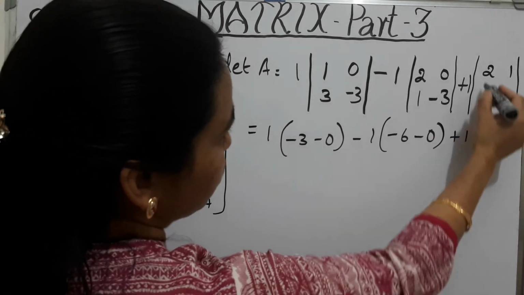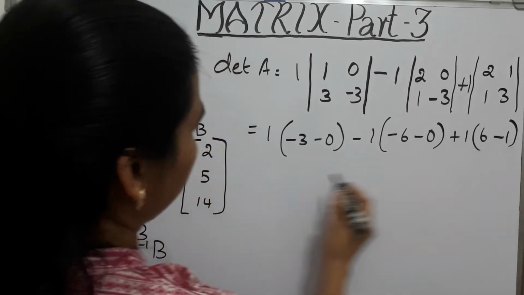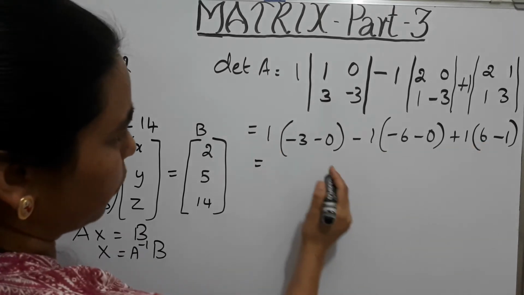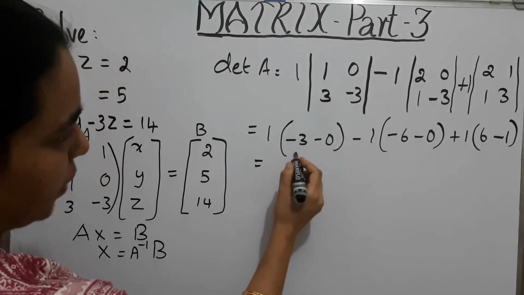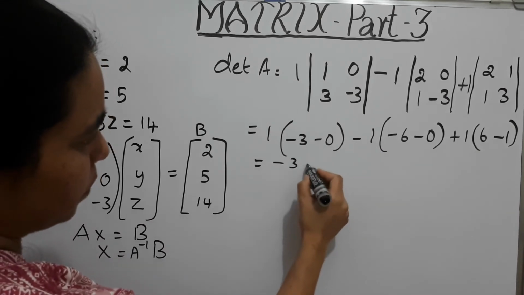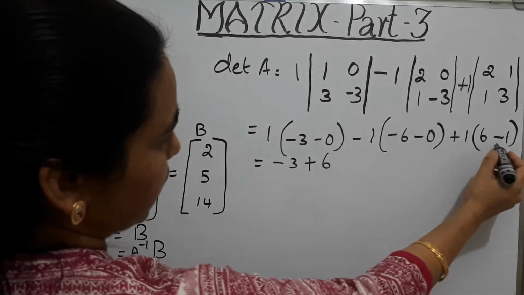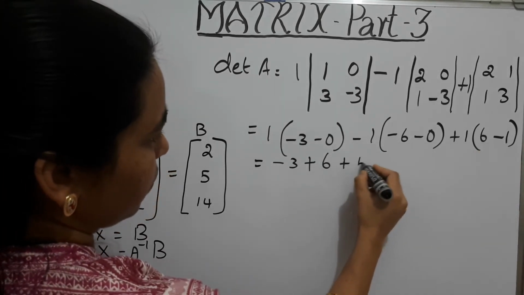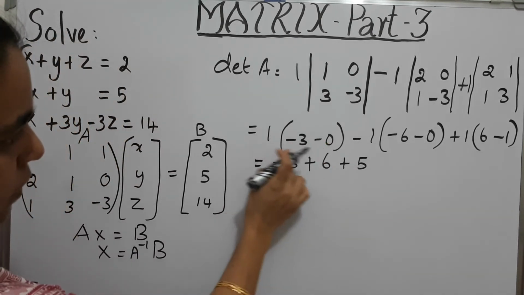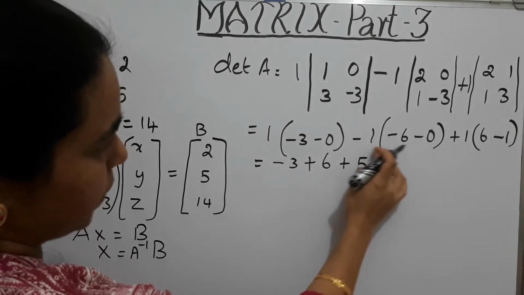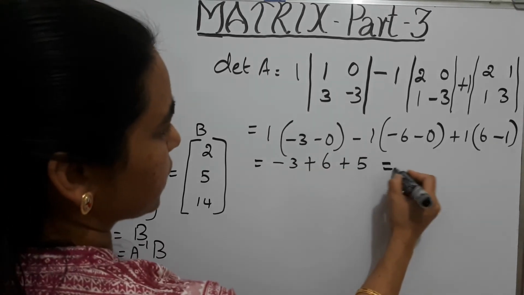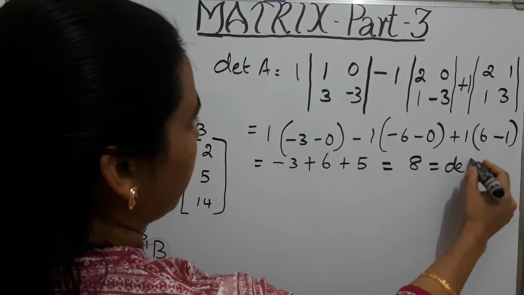Then plus 1 times 2 times 3 is 6, minus 1, which is 5. So minus 3 plus 6 plus 5 is 8. So this is the determinant of A.